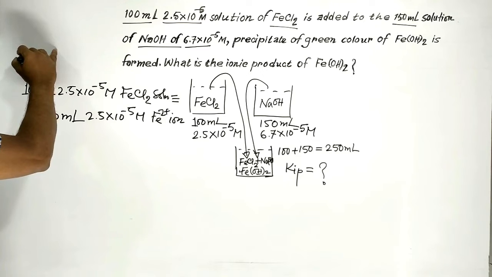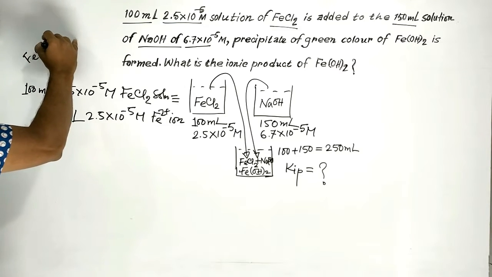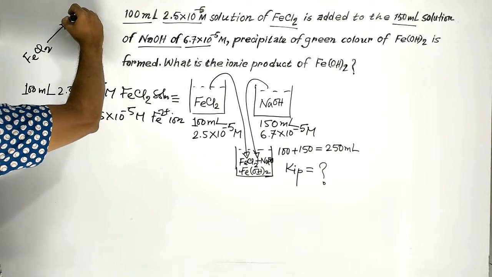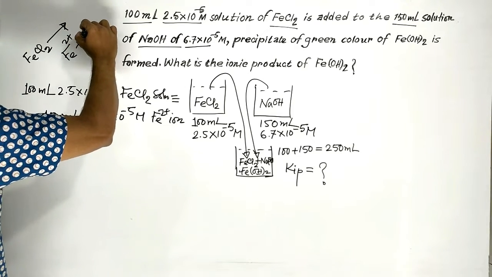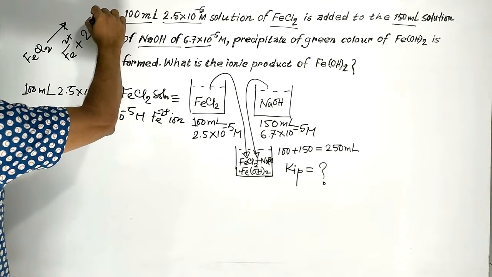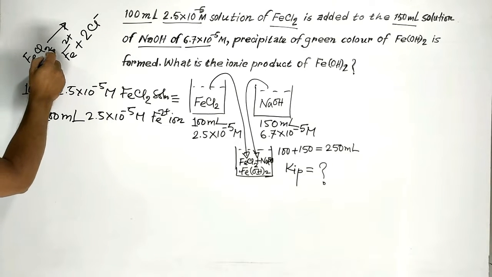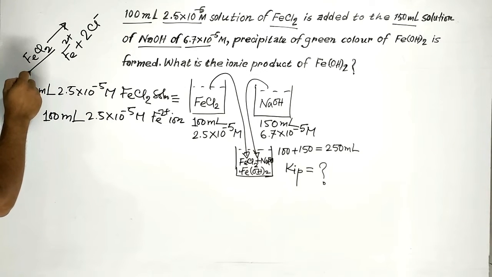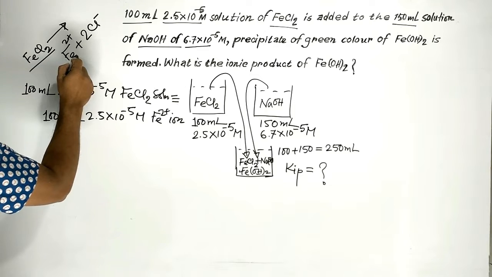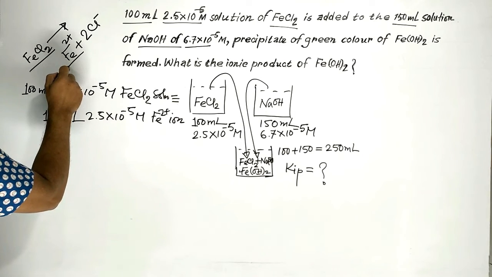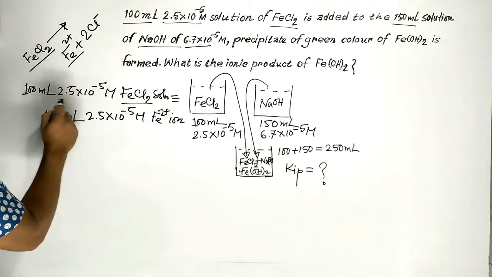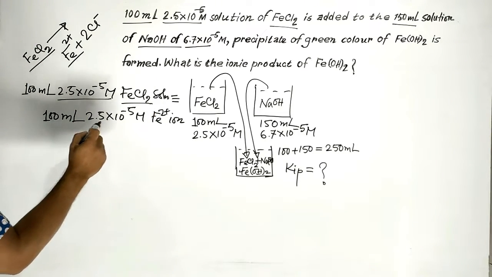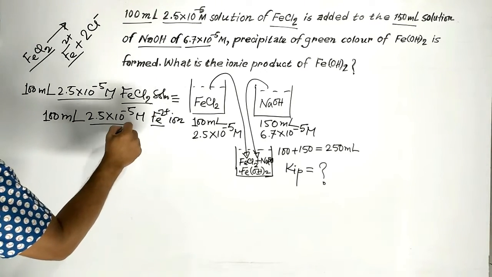That is, ferrous chloride ionizes completely to form ferrous 2 plus ion and chloride ion. So concentration of ferrous chloride is equivalent to concentration of ferrous ion.